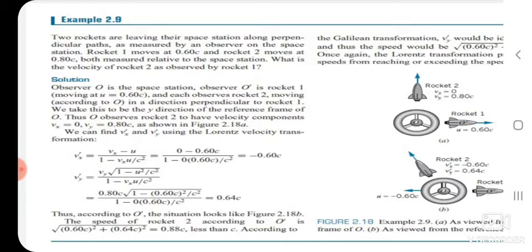Therefore, Vx prime using Lorentz velocity transformation, Vx prime is equal to Vx minus u divided by 1 minus Vx u by c square, which is equal to 0 minus 0.6 c divided by 1 minus 0 into 0.6 c by c square, which is equal to minus 0.6 c.